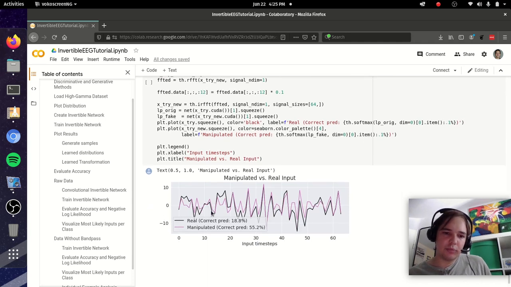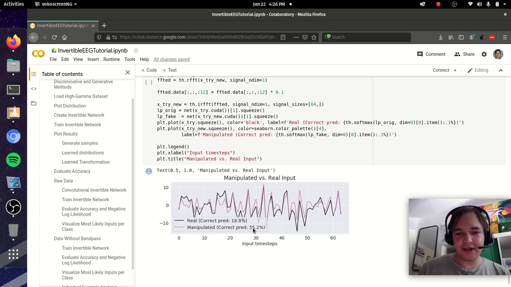You see again in black the original signal, and in pink violet the manipulated one, and you see that the alpha peaks are not really changed, they're just shifted, but the size is roughly the same. But these low frequencies are removed. Before this manipulation it predicted the correct class, the right hand, with only 19%. After this manipulation the correct prediction increased to 55%, so now it would actually make the correct prediction overall.